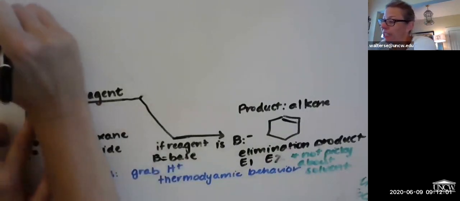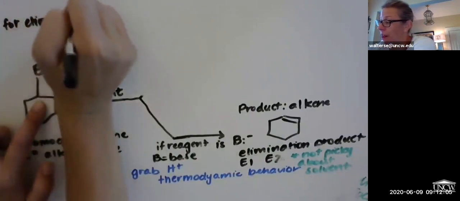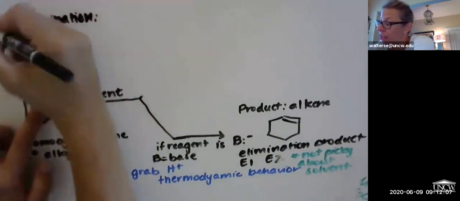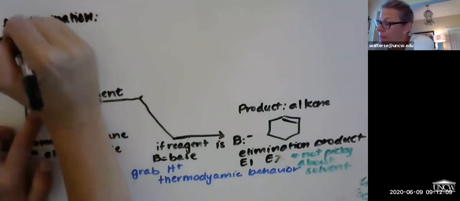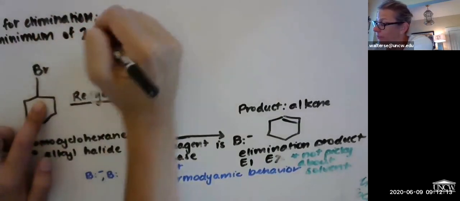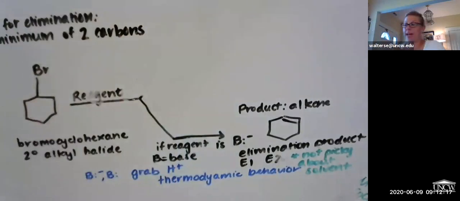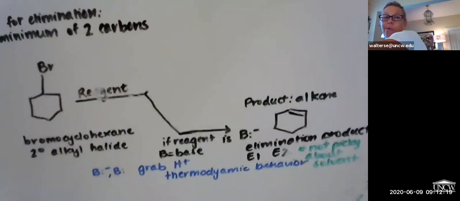So for elimination to occur, you need a minimum of 2 carbons. Okay, so that's requirement number 1.